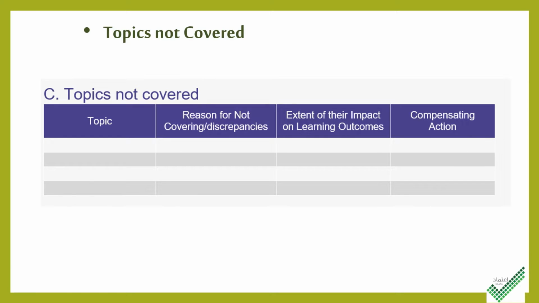And what we have here are the topics that were not covered by you. If there are topics that you did not cover during the semester, you can fill them in here.